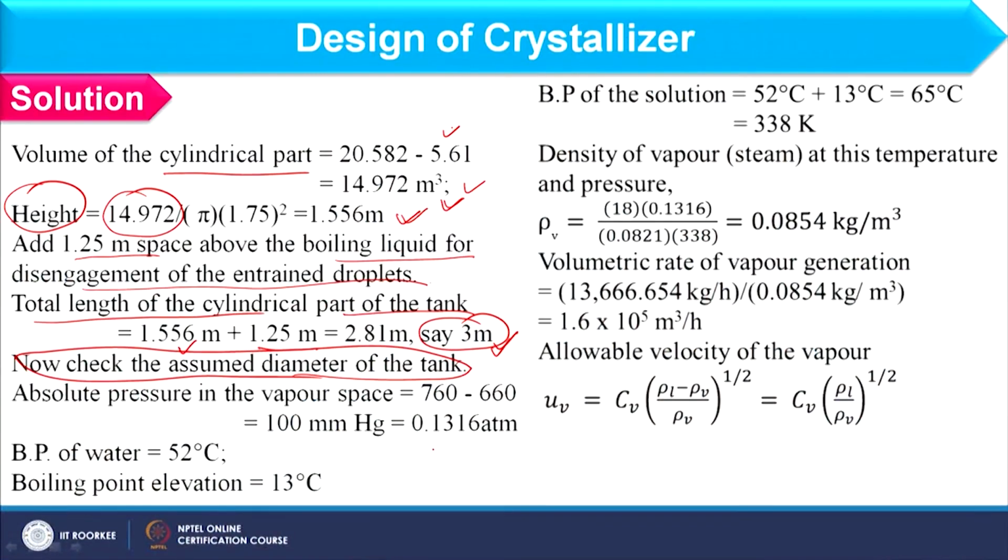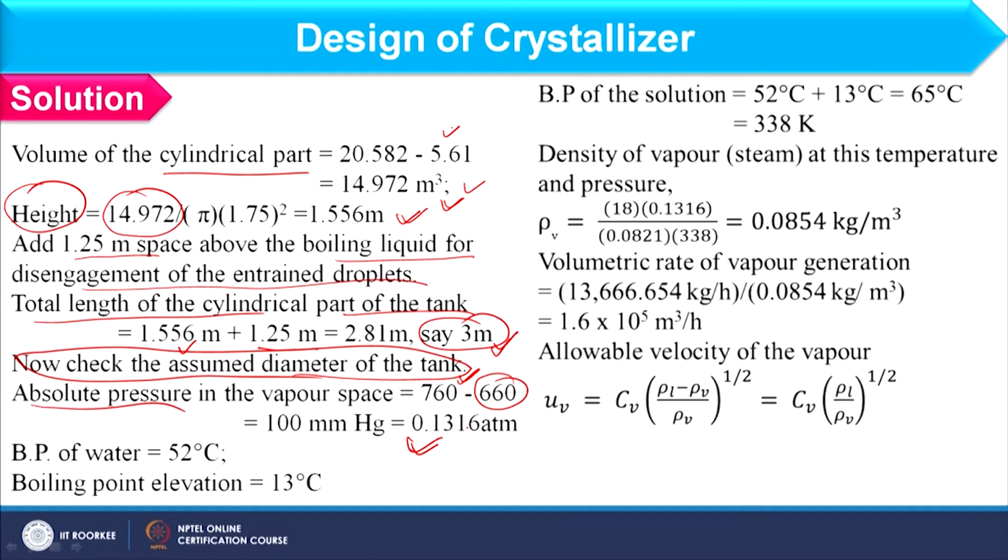So, as far as pressure is concerned, we have pressure as 100 mm Hg, which is the absolute pressure. Okay, 660 vacuum is given. So, that we can deduct from 760, because that is the atmospheric pressure at Hg scale.